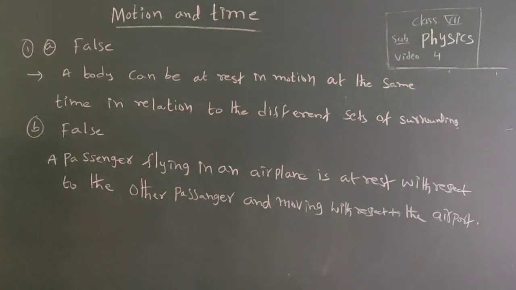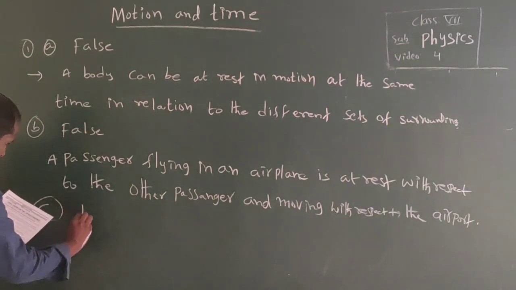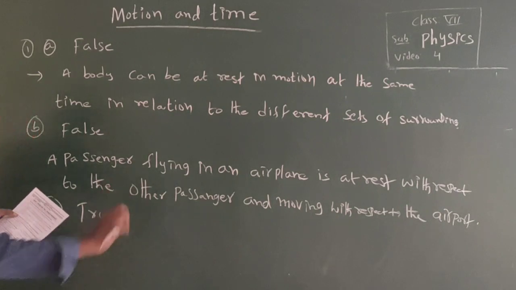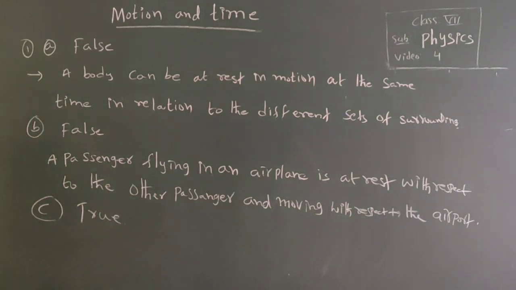Okay, next, you say the wheels of a train are in rotational motion as well as translatory motion when it moves. Yes, correct. It is a correct statement. It is true. It is the first question answer.